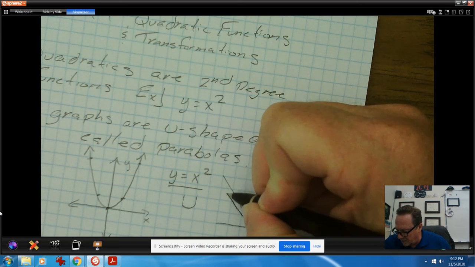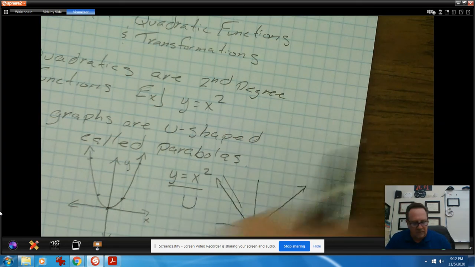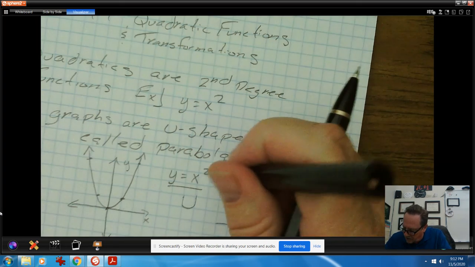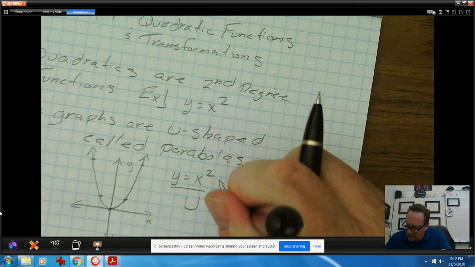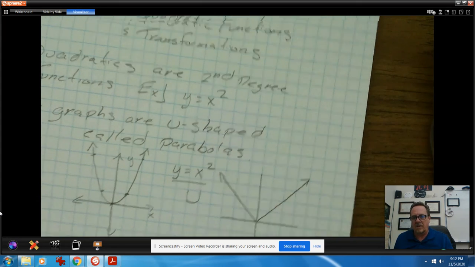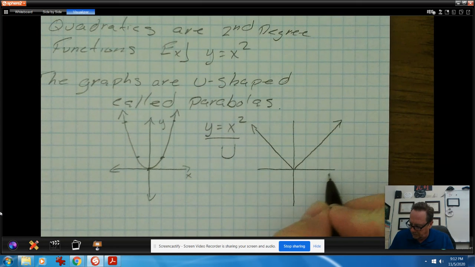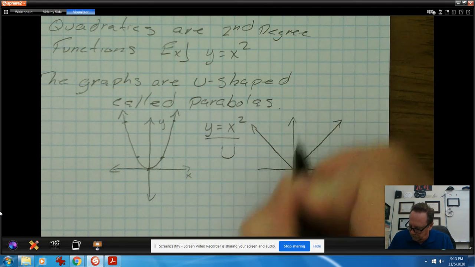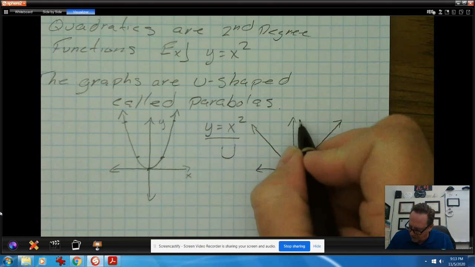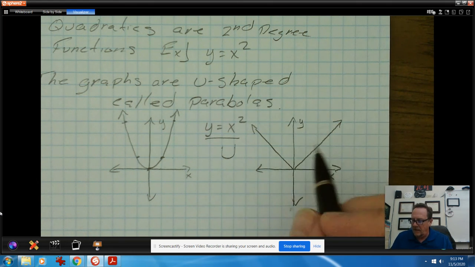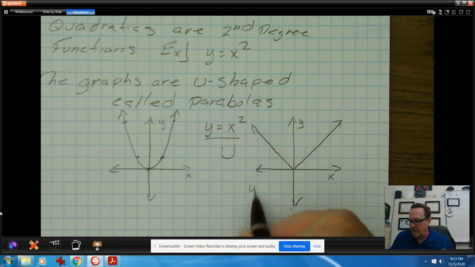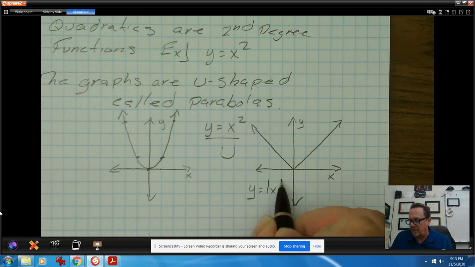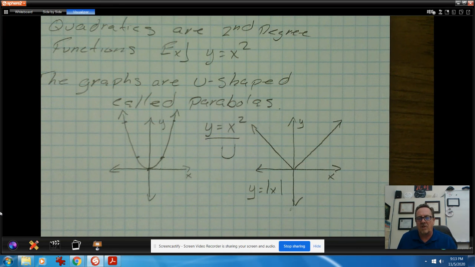I'll go this way. We've looked at V shapes. I went the wrong way. Do you remember how we got V shapes? X-axis, Y-axis. This function over here was the function y is equal to the absolute value of x. And that was a V shape.